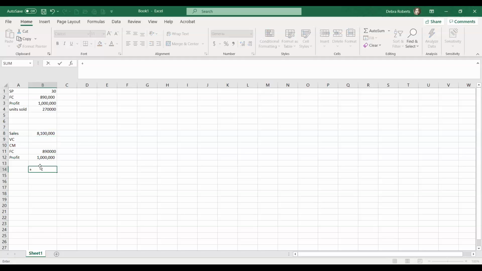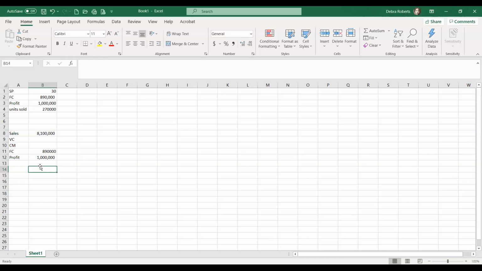So if I say 8,100,000, and I'm going to, let's see. We can also do, oh, you know what? We can do it two ways. We can do it easy. If we don't know what our variable cost is, we can figure that out by just taking the $30 per unit.